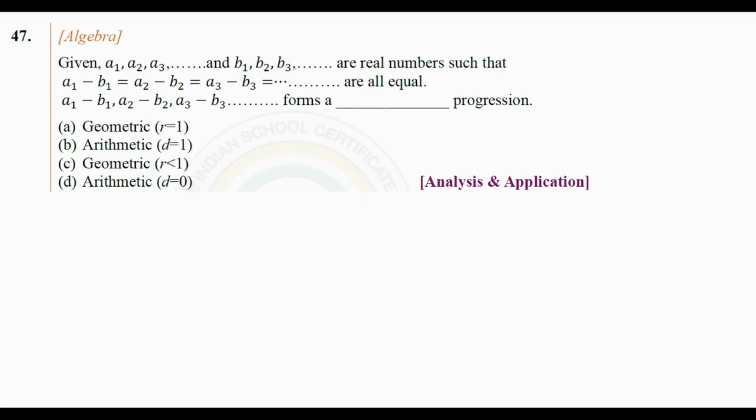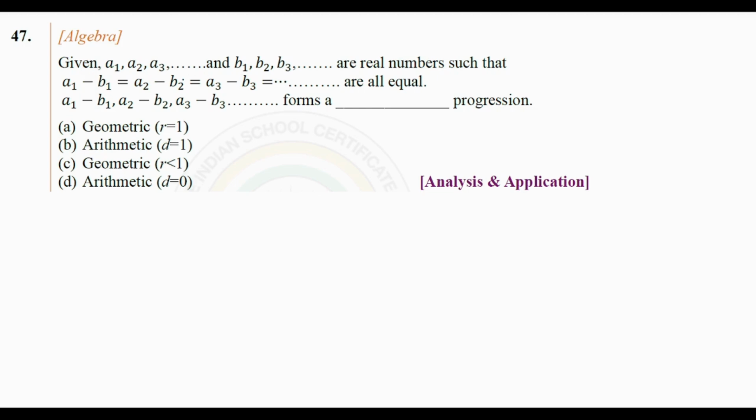Now let's move to the next question. 47th question. A1, A2, A3 and B1, B2, B3 are real numbers such that A1 minus B1, A2 minus B2, A3 minus B3 are equal. Then A1 minus B1, A2 minus B2, A3 minus B3 form a dash progression. Clear? Let me take one example.